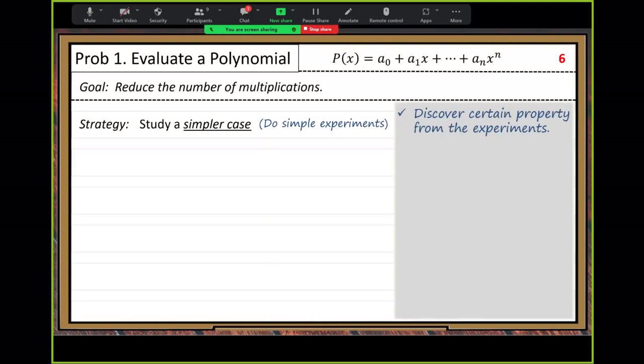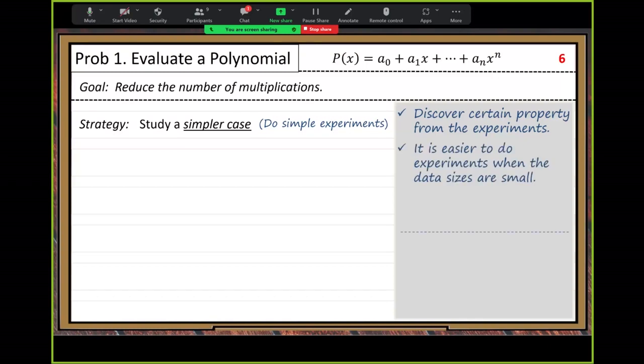So here we want to discover certain properties from the experiments. If we do not do experiments, we do not have any idea how to do the reduction. So we need to play around, and work on our data a little bit to get some experience.